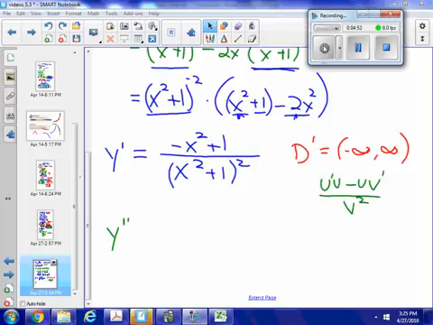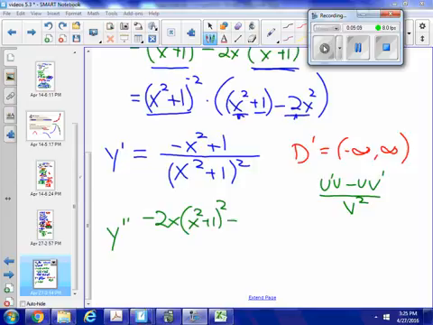So u prime would be negative 2x, times v, (x squared plus 1) squared, minus u, so I'm going to put in parentheses, negative x squared plus 1, times v prime, which would be 2 times (x squared plus 1) to the first power, times the derivative of the inside, which would be 2x.